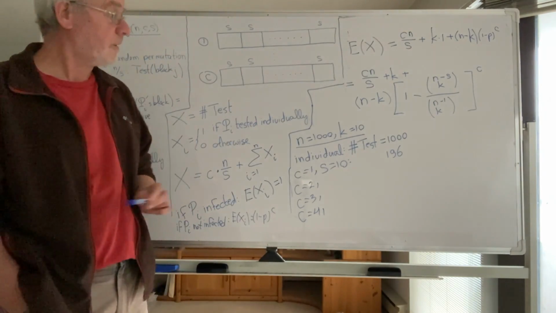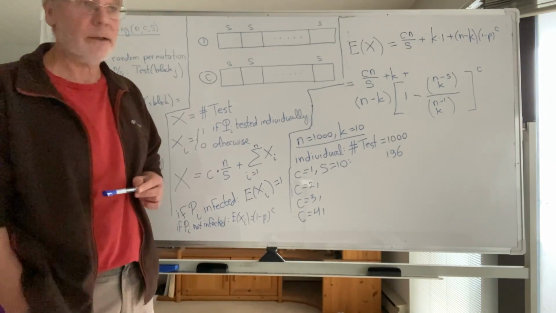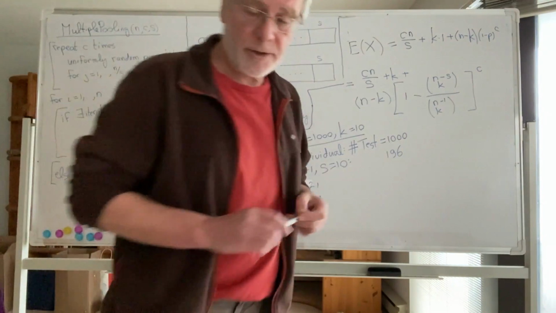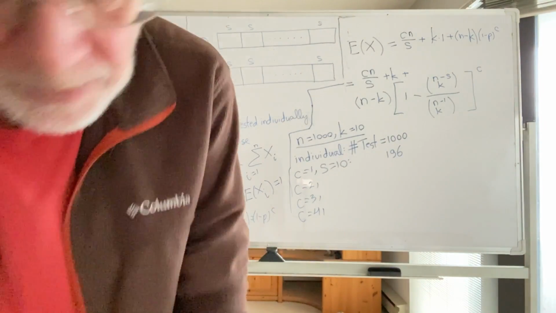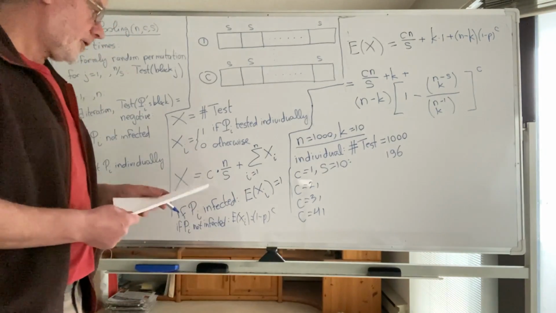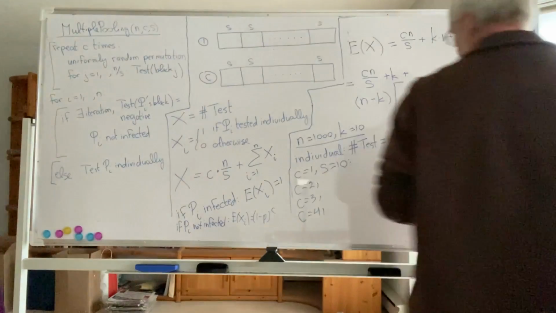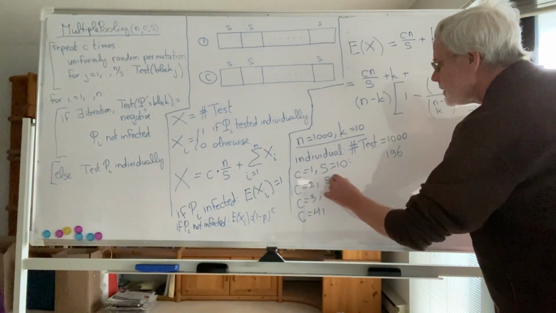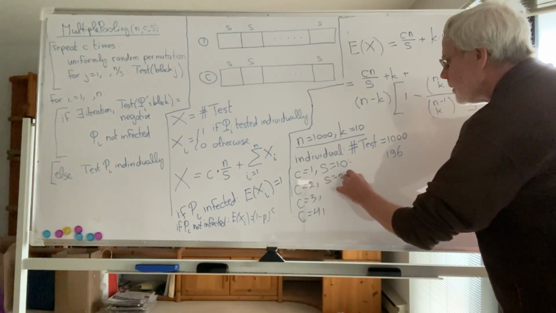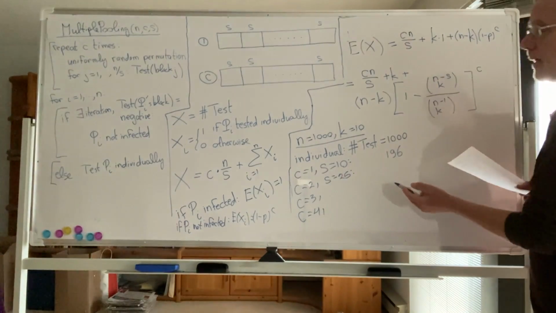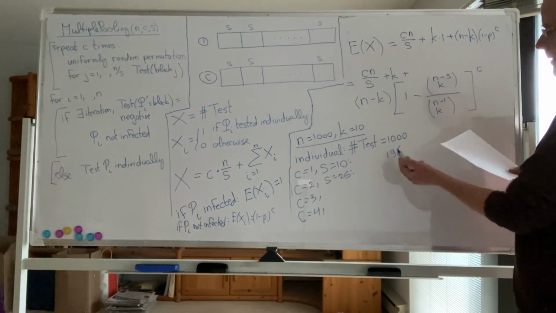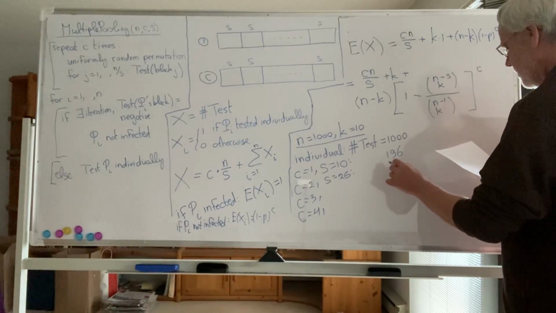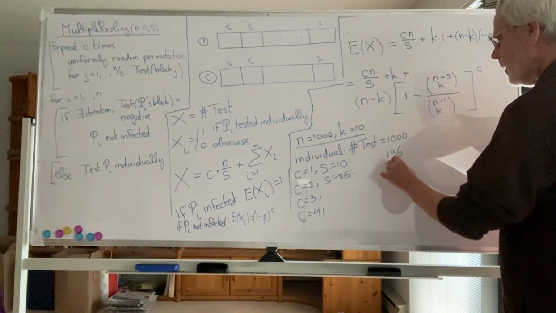Wolfram draws this function for me. You look at the function and then you find the value of S for which this expression is minimized. If C equals 2, so the number of permutations we use is 2, using a block size of 25, then the expected value of X, the number of tests that we do, instead of 196, becomes 137.